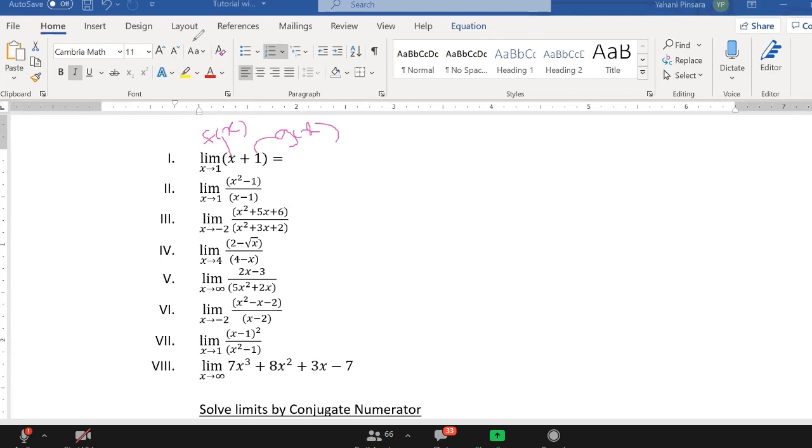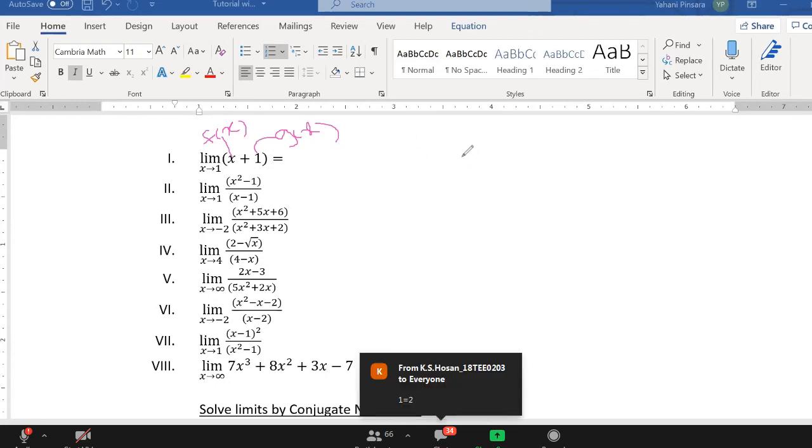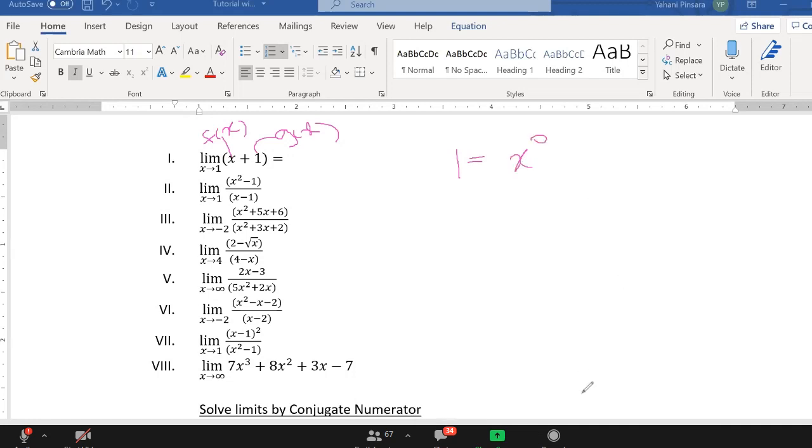It is because we can write 1 as x to the power 0, right? 1 is equal to x to the power 0.